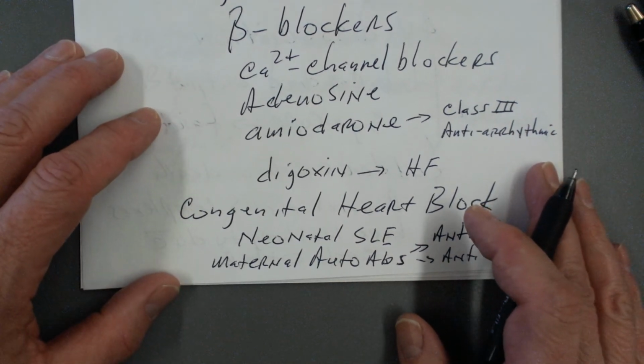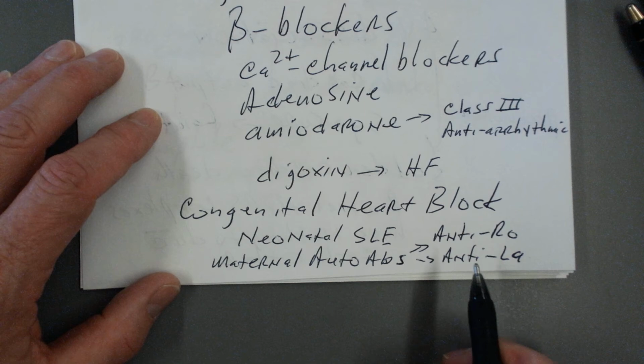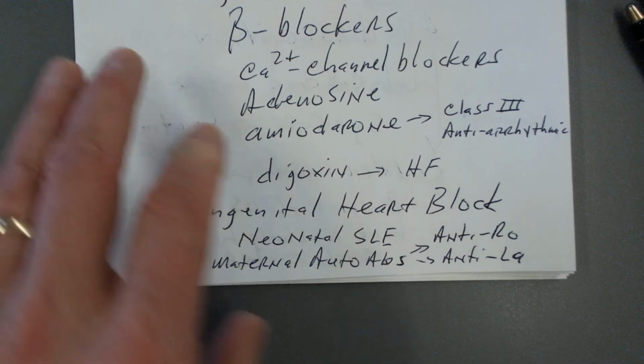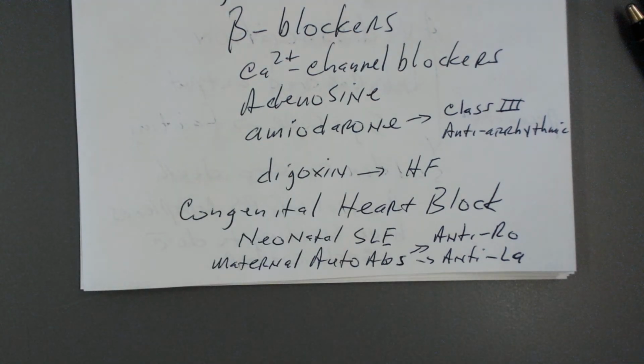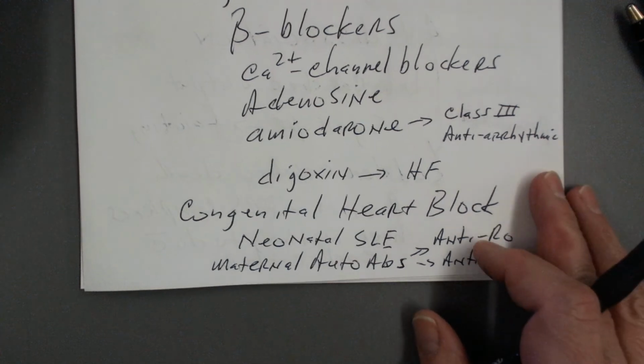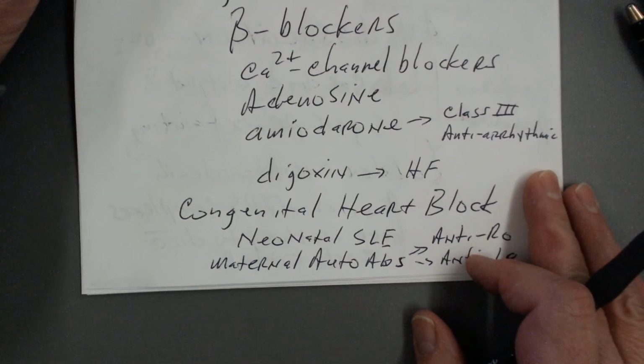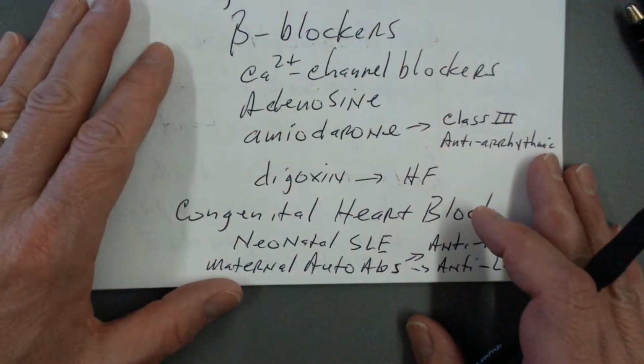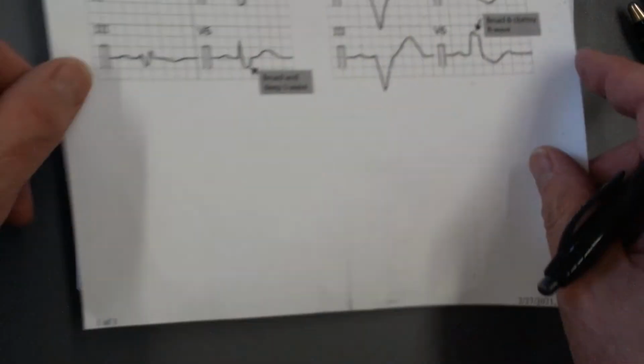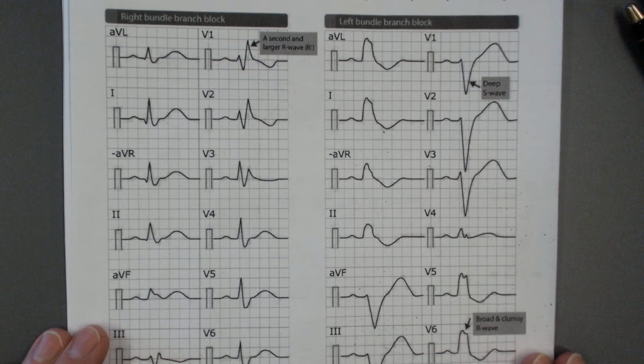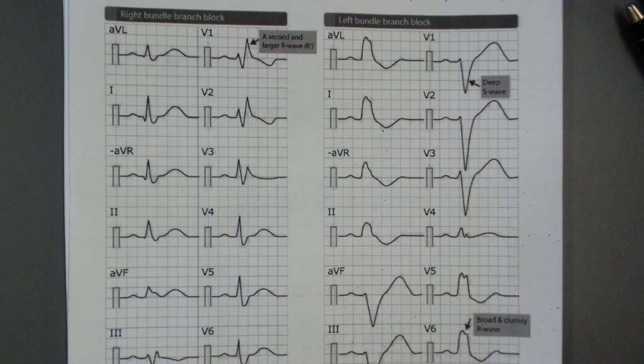All right, now, there are also blocks of the bundle branches. So there's two types of blocks of the bundle branches. There's, of course, a right and a left bundle branch block.